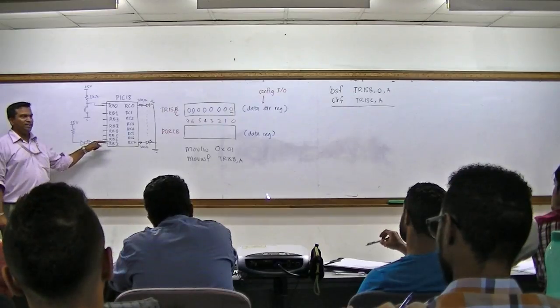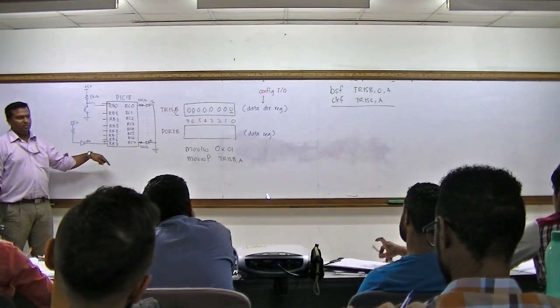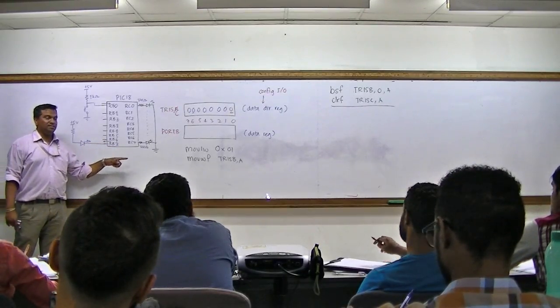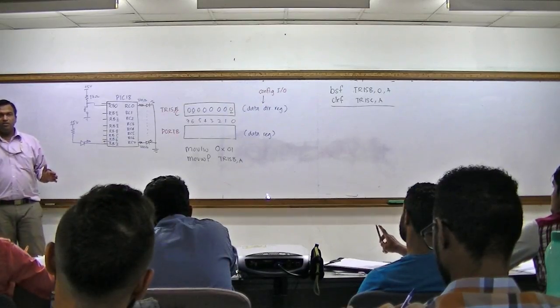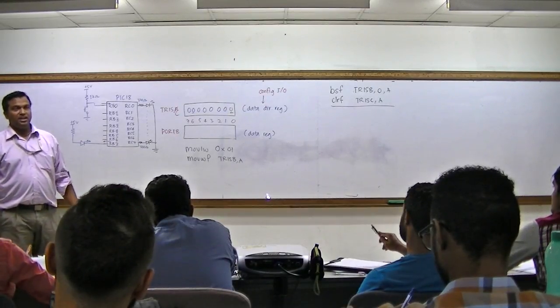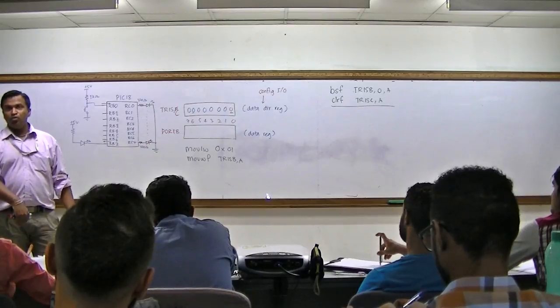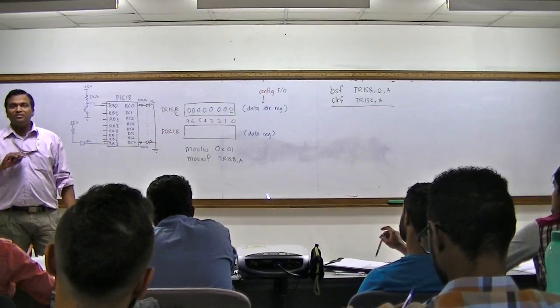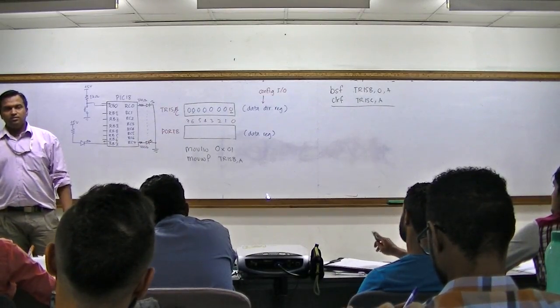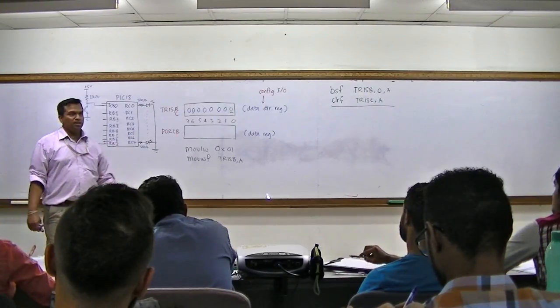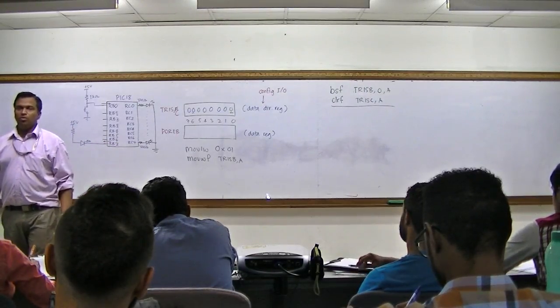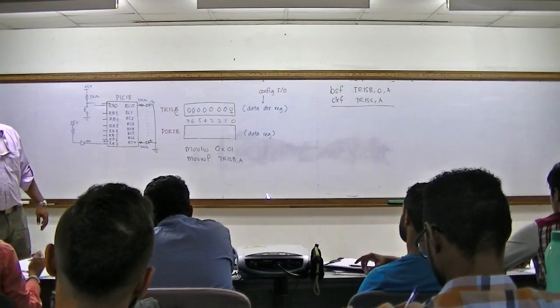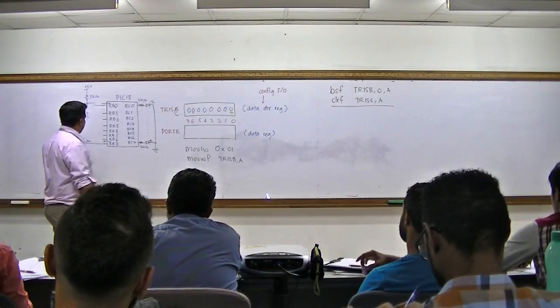This is known as sink-in current. The PIC18 microcontroller has a very large tolerance for sink-in current. It can allow a large current to flow through it, but it cannot supply a large current. The current that comes out here is only like milliamperes, very small, I think less than a milliampere. See the data sheet.